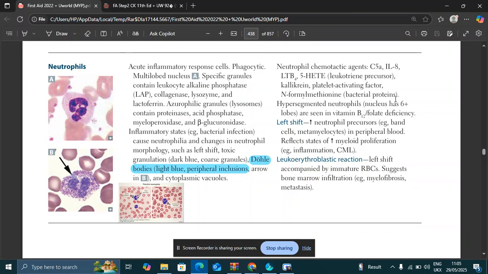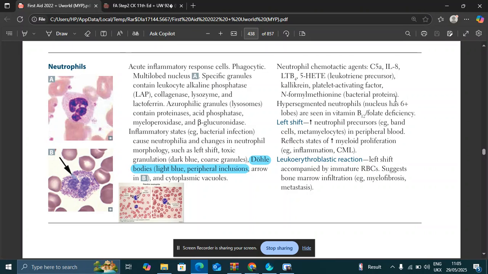Okay, now the question arises, in which condition do we see hypersegmented neutrophils? Just remember one answer: whenever there is a megaloblastic anemia. Only in the megaloblastic anemia, which is due to vitamin B12 or folate deficiency, you will see hypersegmented neutrophils.